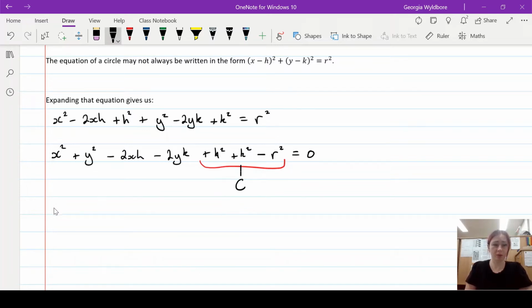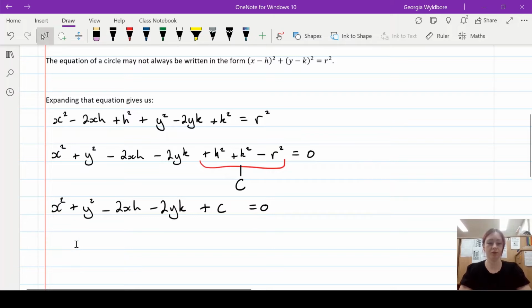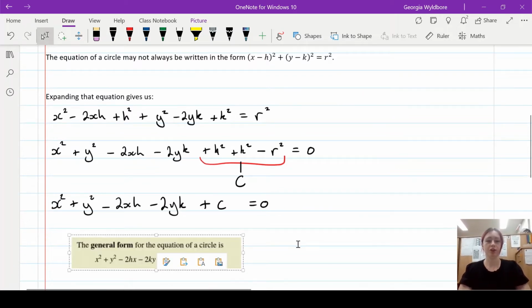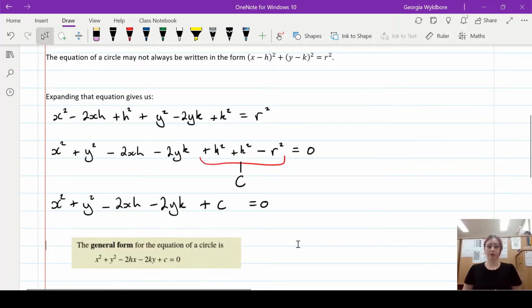So what we end up with is x squared plus y squared minus 2xh minus 2yk plus c equals 0. And this is what's referred to as the general form of the equation of a circle. You can see I've got xh, they've written hx. Same, because again, h is going to be a number, so it's just going to be 2 times that number times x.